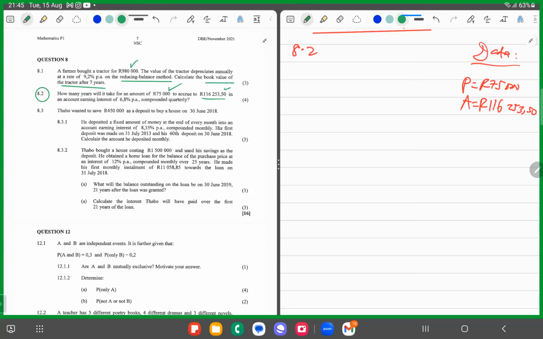So which means you have that A is the same as P into (1 plus i) to the power n. And this is A, which is 116,253.50. So the final amount becomes that one. And then the present value is 75,000.